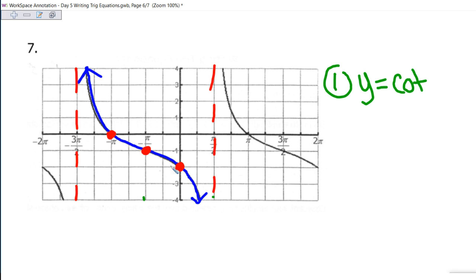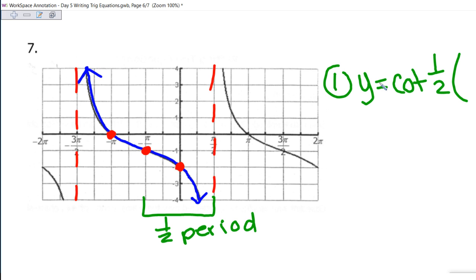But notice I only did half. So this would be half of a period. It only completed half of the period because it's from the middle point to the lower arm. So here my b value would be 1/2.